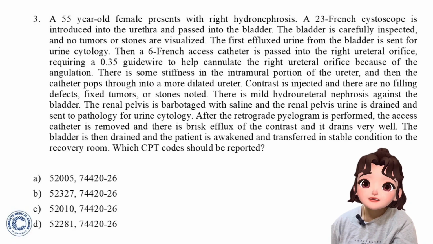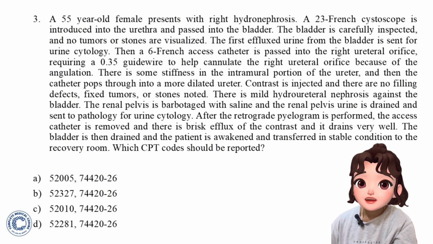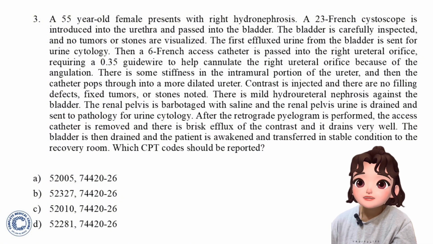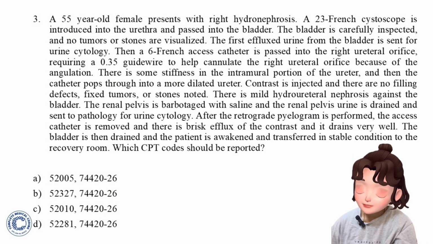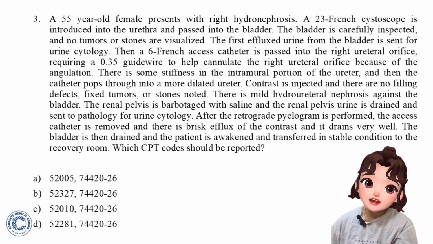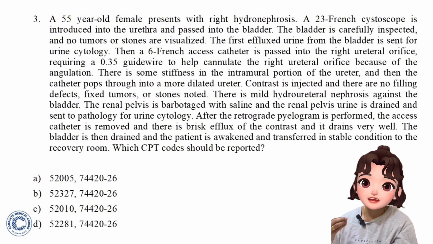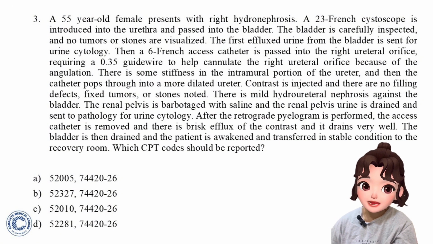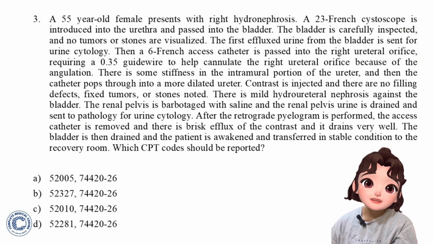Second option, second sentence: 23 French cystoscope is introduced into the urethra and passed into the bladder. So it means it is urethral catheterization, which comes under 52005, option A.